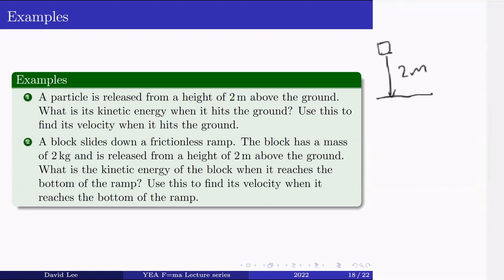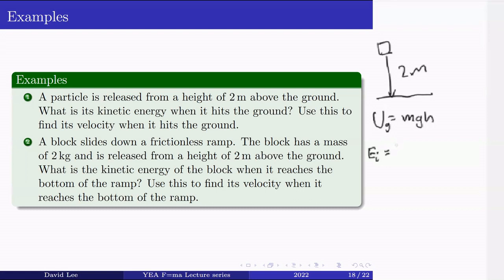Well, there are many ways to do this. We know kinematics, but today is about energy, so let's do that. We just learned that the potential energy due to gravity is mgh. So what is its initial energy?